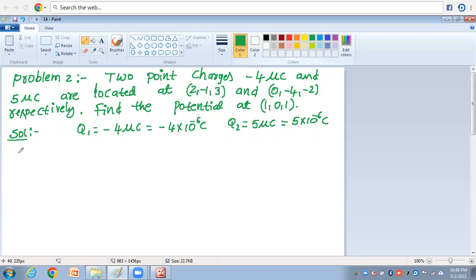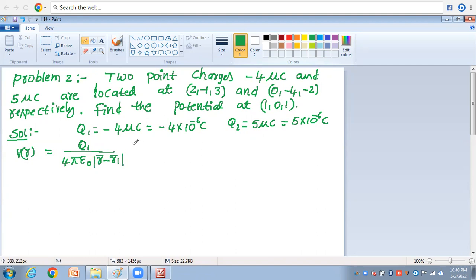Our potential formula V of R equals, since two charges are there, the first one is Q1 by 4 pi epsilon naught, mod of R bar minus R1 bar.